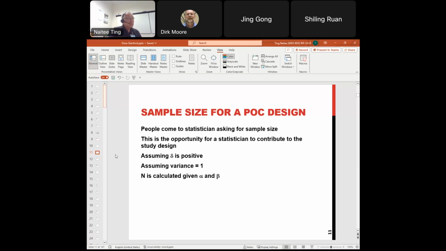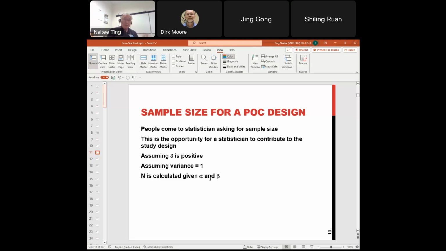So I'm assuming in the next few slides that delta is positive. In other words, the more positive, the better the drug is. All right. And assuming sigma equals 1, because you can use delta divided by sigma, and then your variance becomes 1. So if you have these quantities, delta and sigma, then sample size can be calculated given alpha and beta. All right.